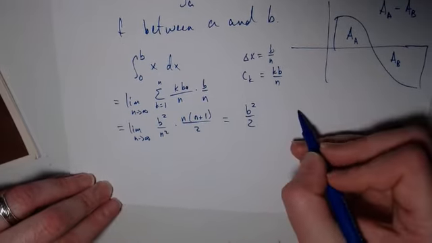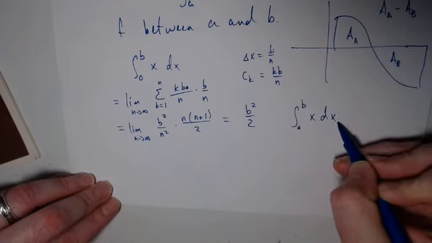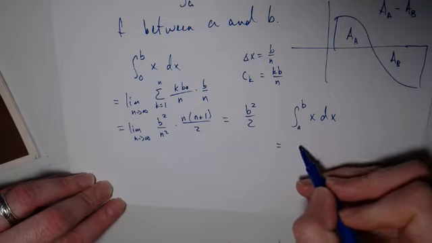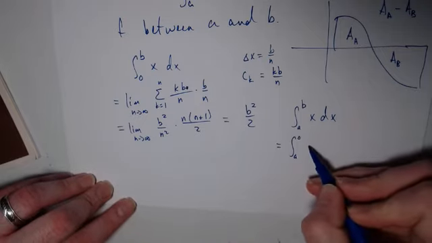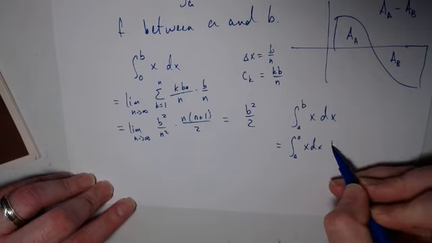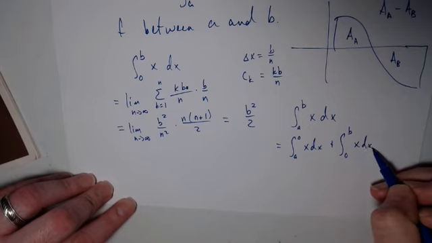Let's go ahead and talk about the integral from a to b of x dx. And for this we're going to use a couple of properties. We're going to say this is the integral from a to 0 of x dx plus the integral from 0 to b of x dx.